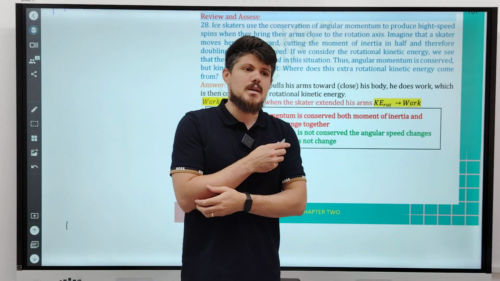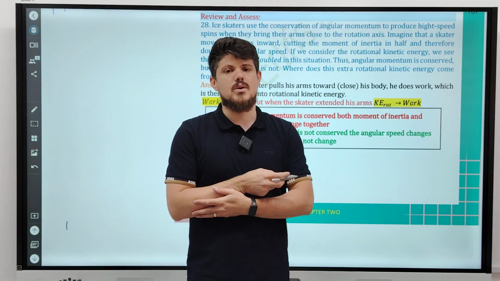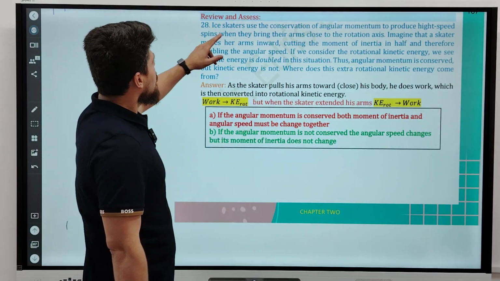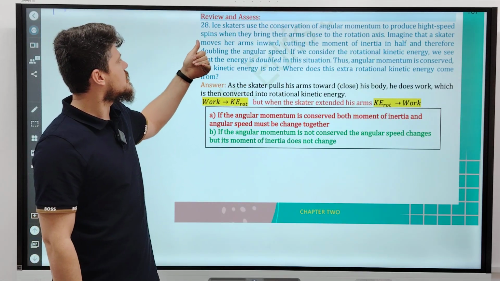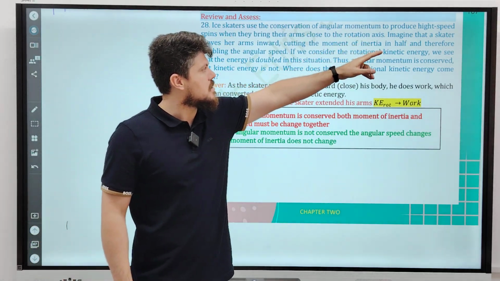The angular momentum is conserved for the ice skaters when the net torque acting on them is 0. So ice skaters use the conservation of angular momentum to produce high speed spins when they bring their arms close to the rotation axis.